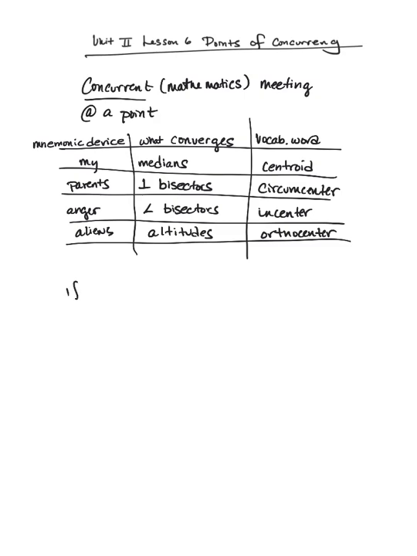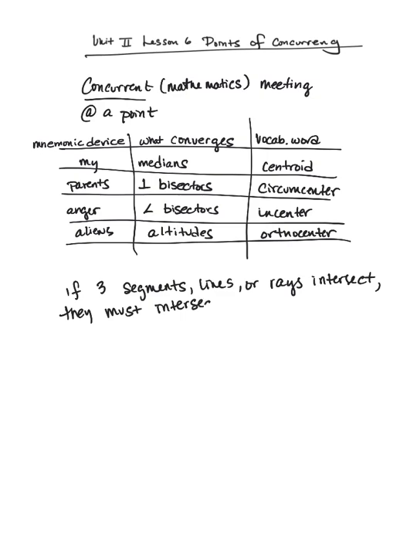Okay, but you should write this down though. If 3 segments, okay, lines or rays, intersect, they must intersect where any pair of them intersect.